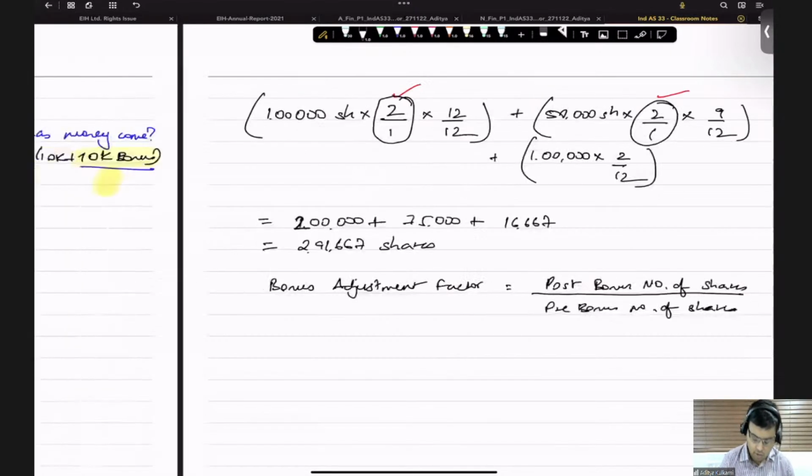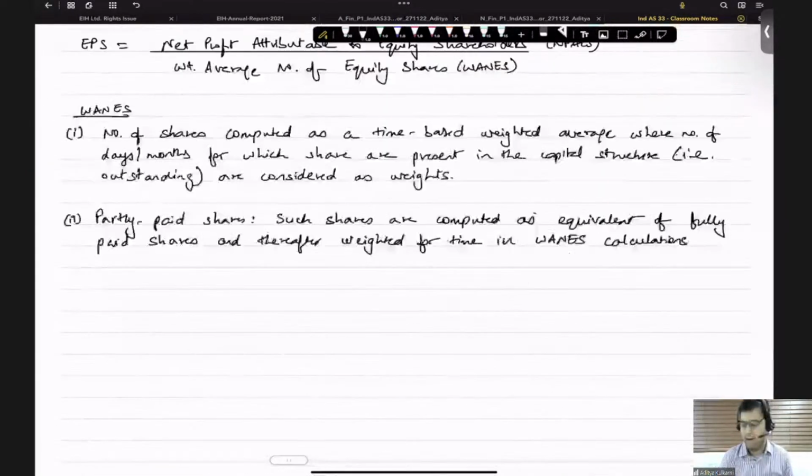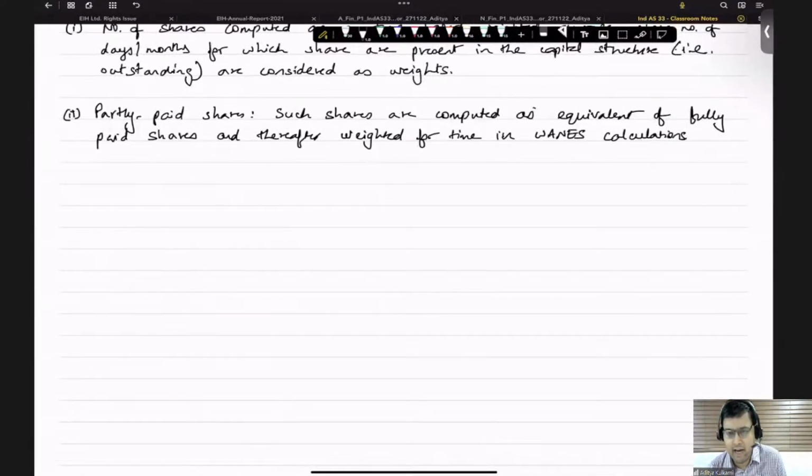Okay, so I had told you guys to leave half a page. So in that half page, let us write a small theory for bonus and then proceed to look at some questions.